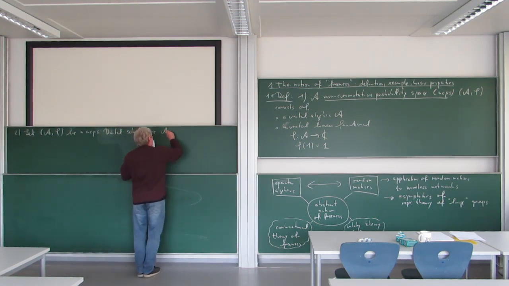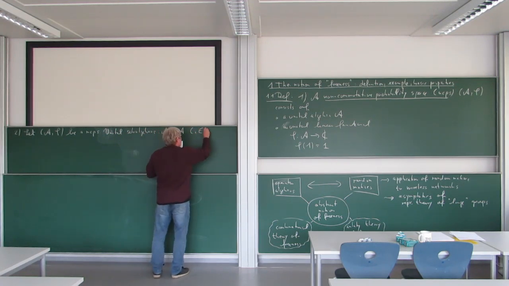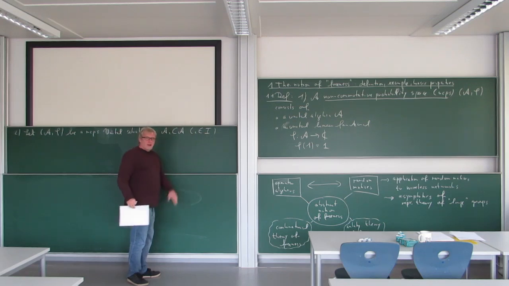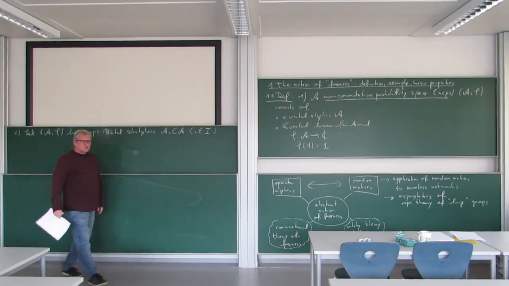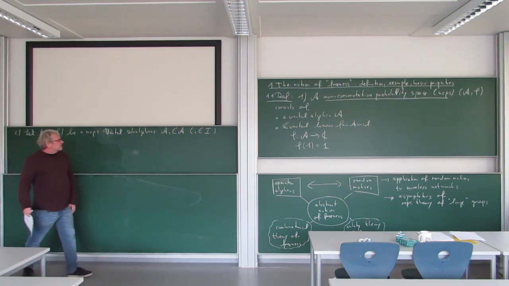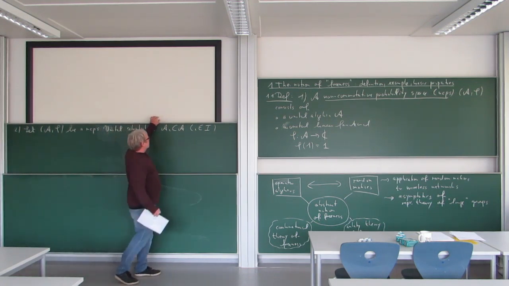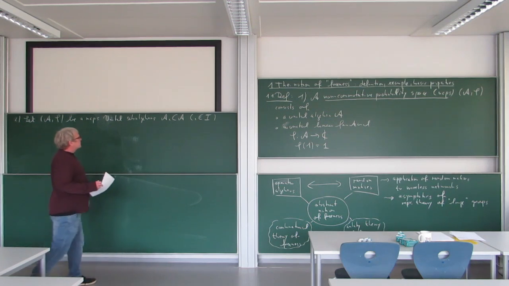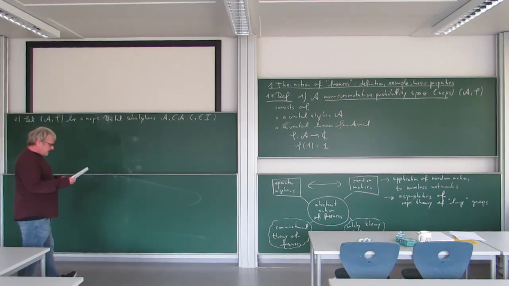Let's say A_i are subalgebras of A, and i is running through an index set I. This can be finite or even infinite, but when I'm writing down, I only address a finite number of things, so it's not really a difference whether I have infinitely many or just a finite number there. So I say unital subalgebras A_i.